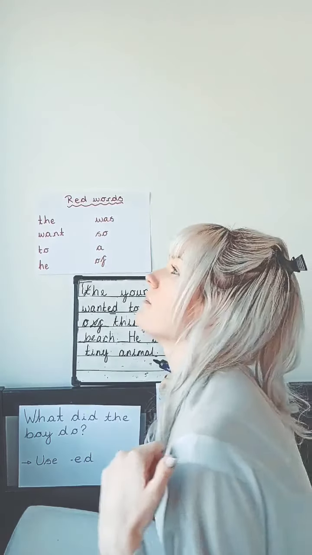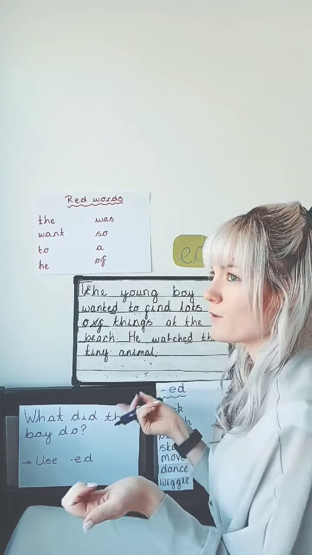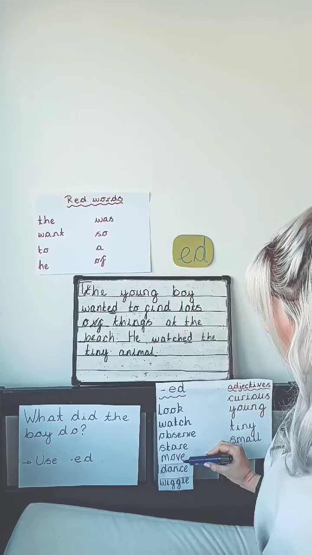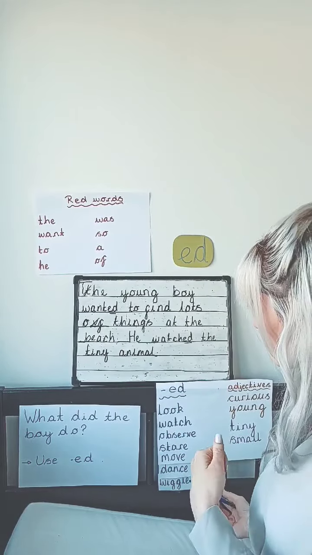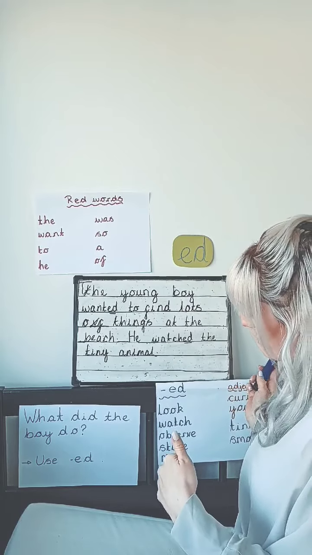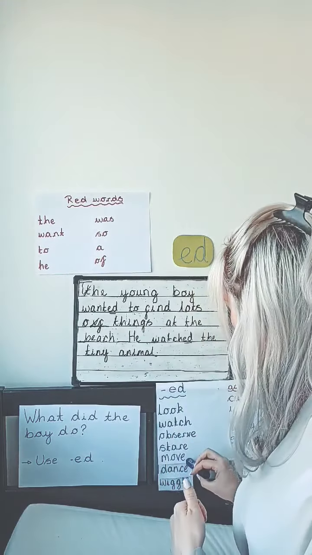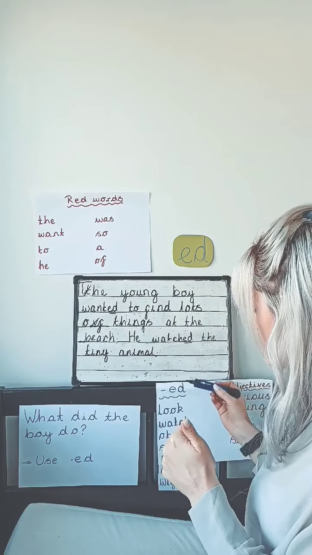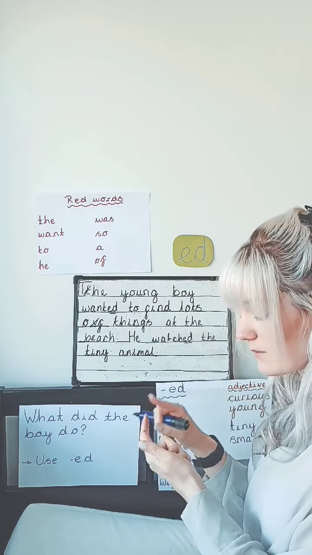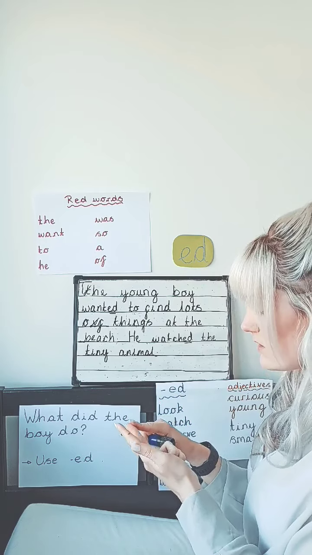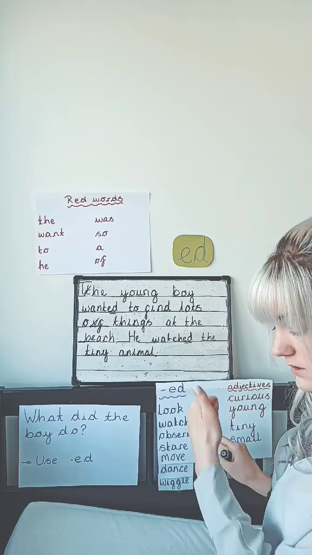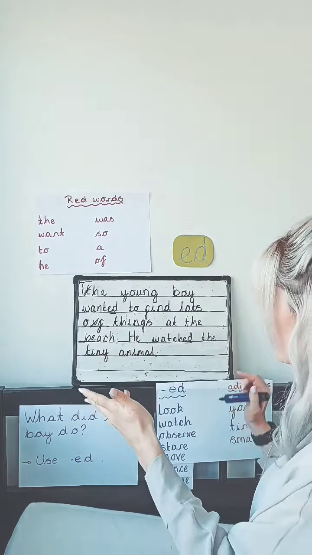And then maybe the animal can do something. So one more sentence. At the bottom we've got move, dance or wiggle. So I think I want my animal to dance. So it needs to be past tense, so danced. The animal danced. The small animal danced. So the small animal danced.